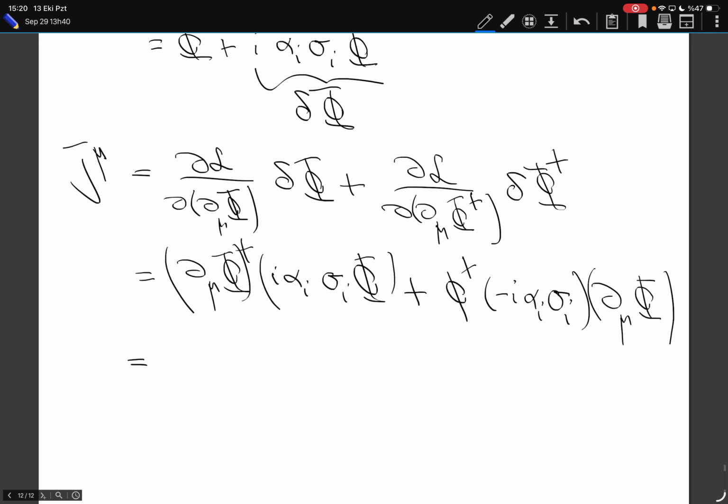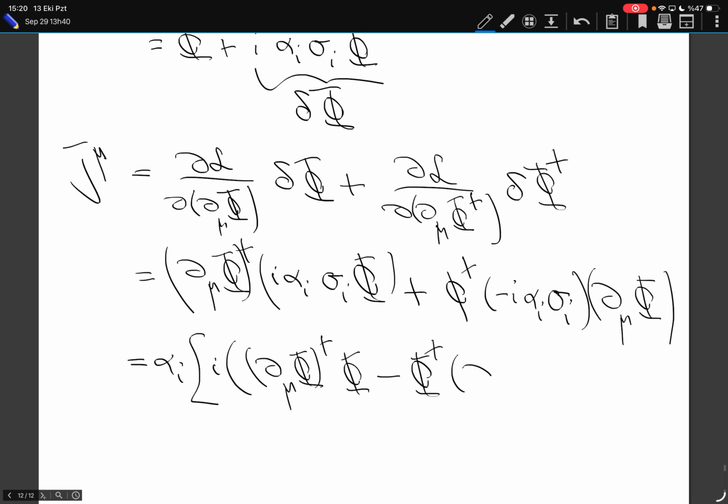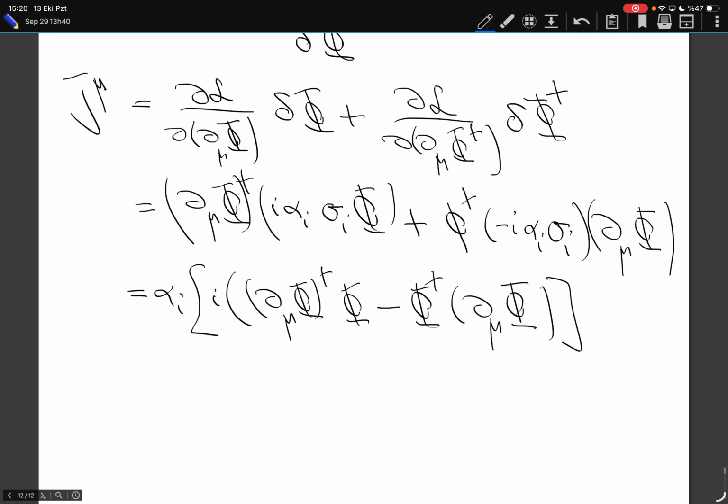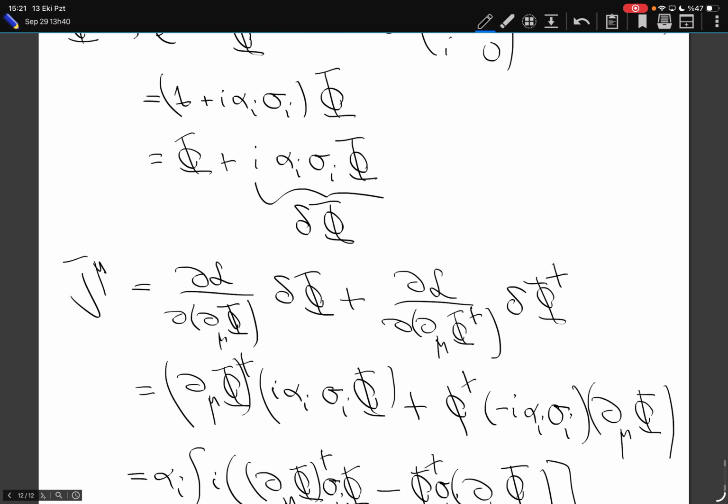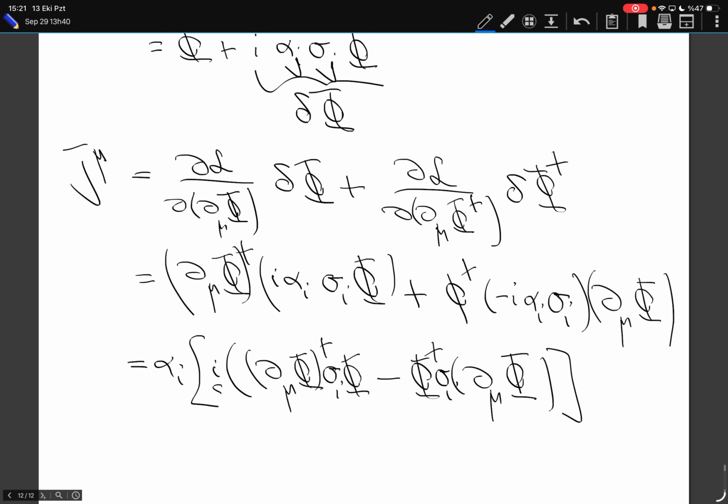Well, this will be alpha i del mu phi dagger sigma phi minus phi dagger del mu phi, and there's sigma i here. Let me change this i to j. It's a dummy index, but I don't want that index to be confused with the complex number i.